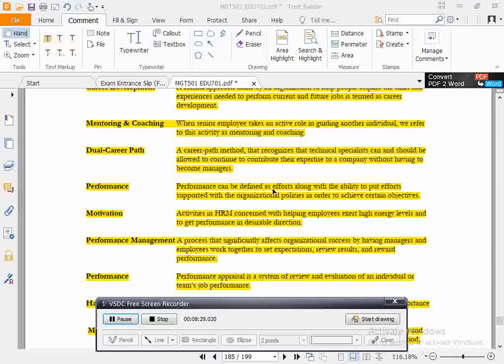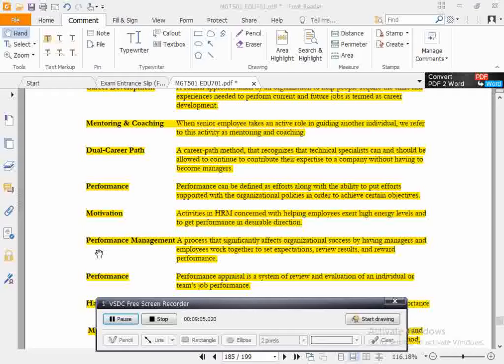Performance can be defined as efforts along with the ability to put in efforts, supported with organizational policies, in order to achieve certain objectives. Motivation: activities in HRM concerned with helping employees exert a high energy level and to get performance in a desirable direction.